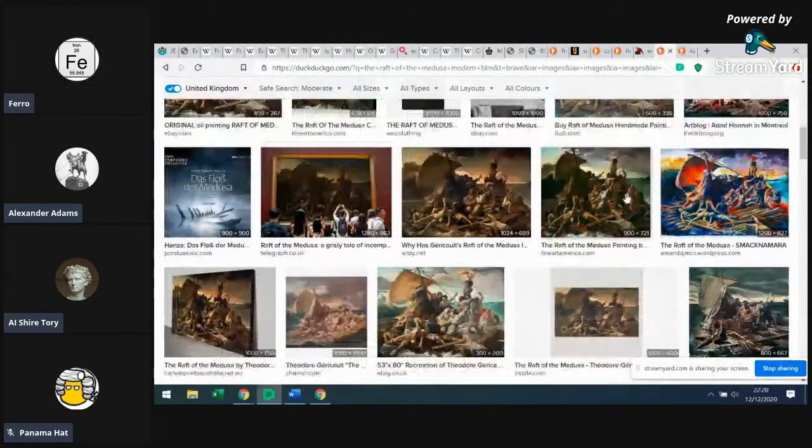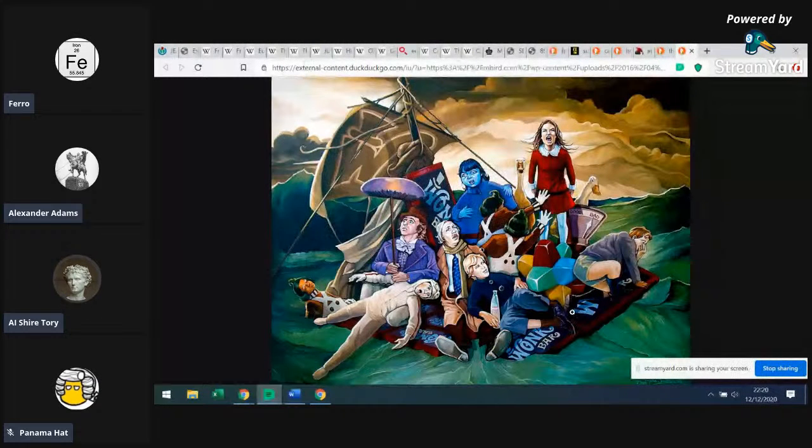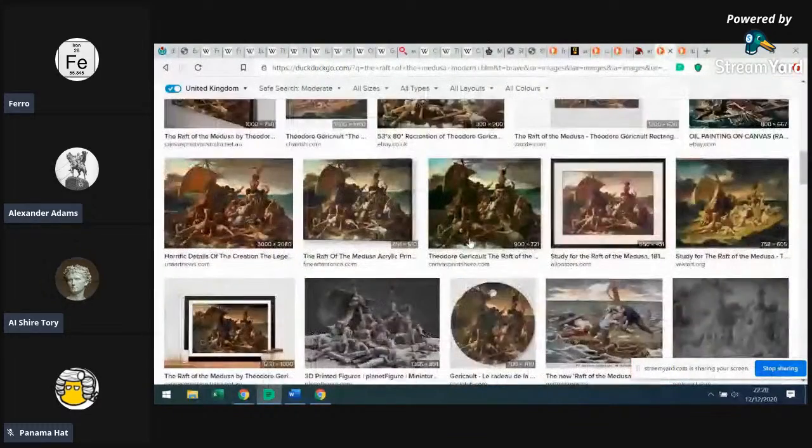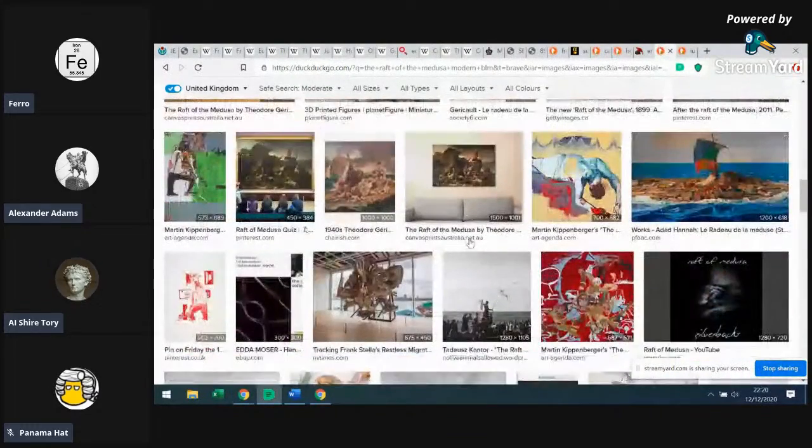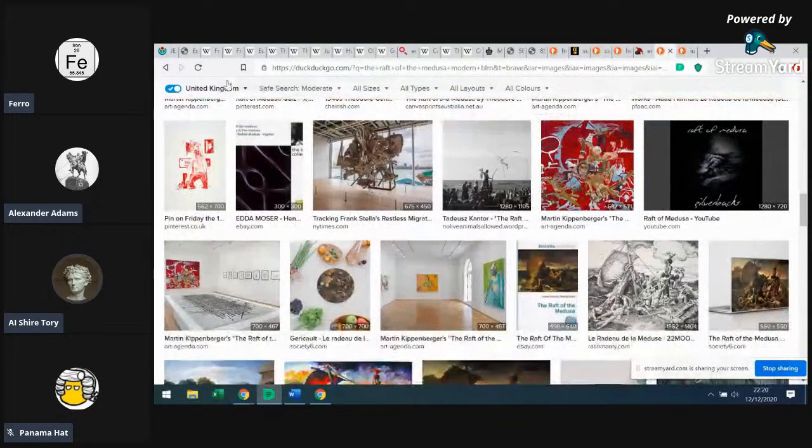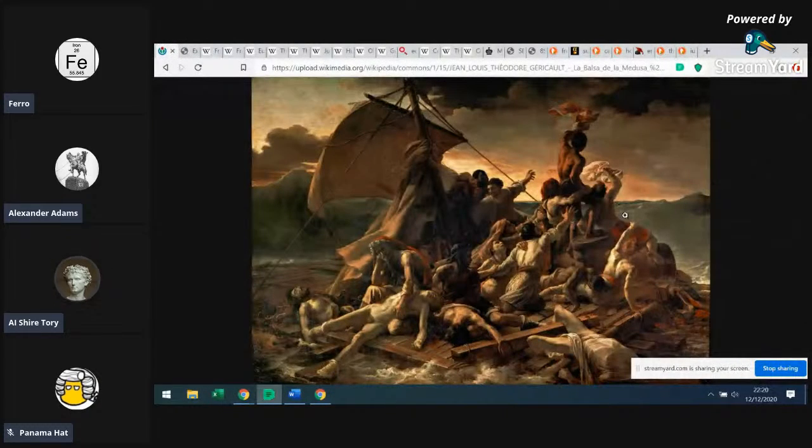I was just going to say, in the previous one, the real one, but even in this one, it references it. To the top right of the painting, you can see what appears to be a storm, and of course that's where the ship is coming from.